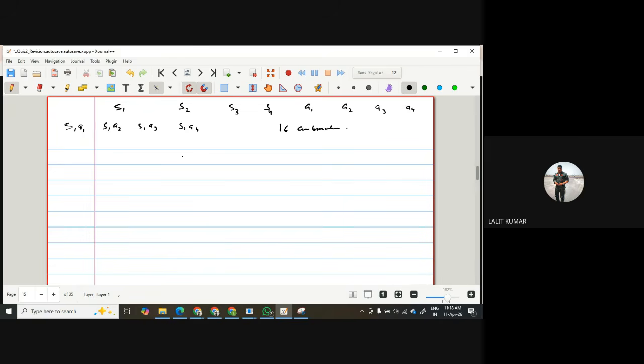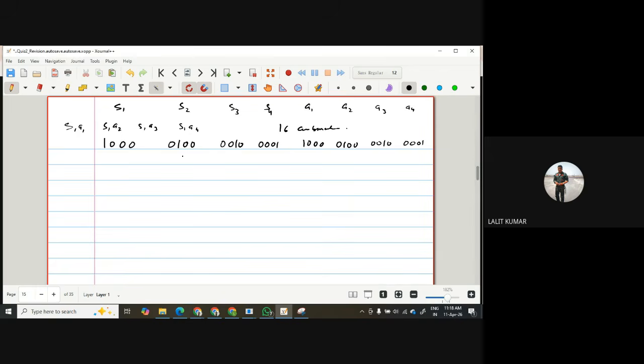So can I write S1 as 1000, then 0100, 0010, and S4 as 0001? For the actions A1 to A4, either I can write 1, 2, 3, 4 or I can do the same one-hot encoding: 1000, 0100, 0010, 0001.